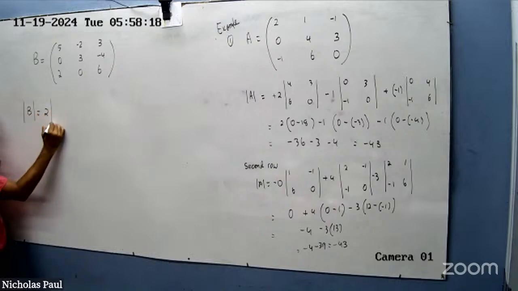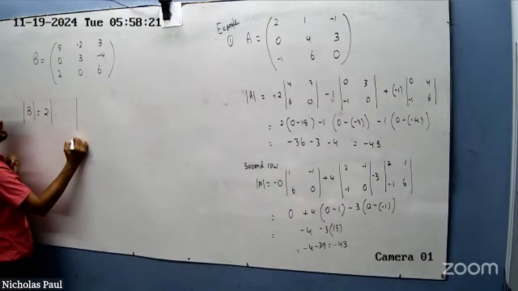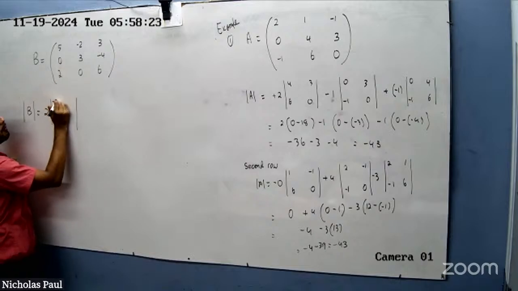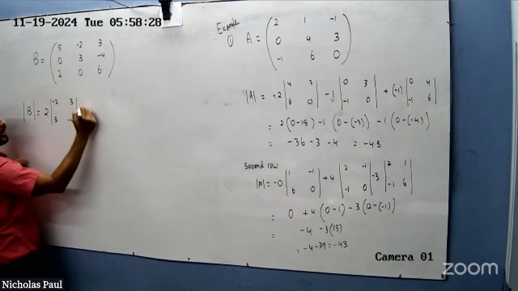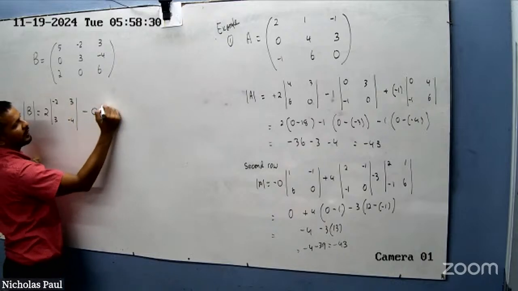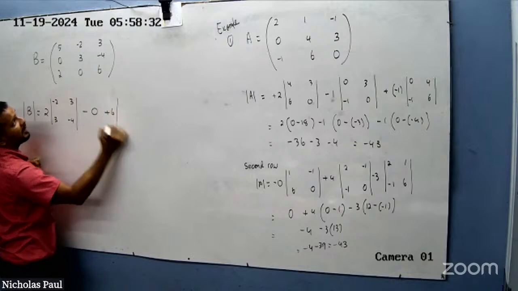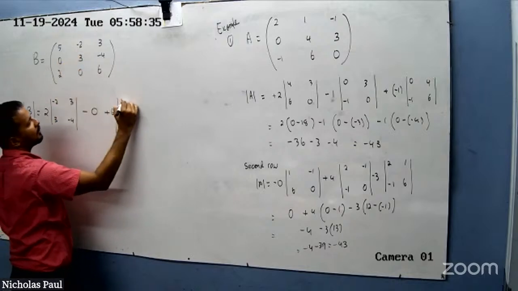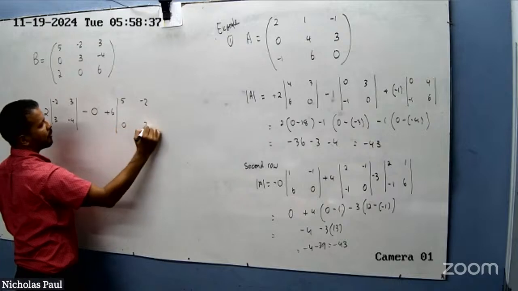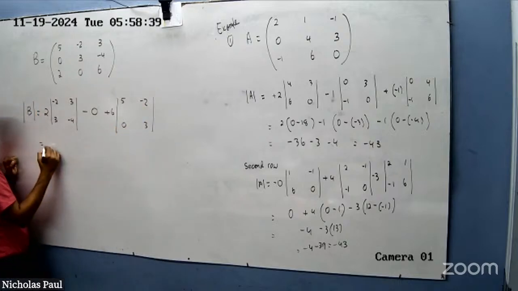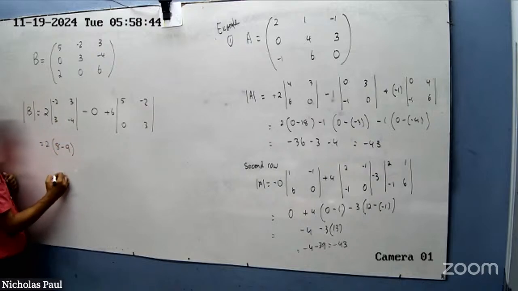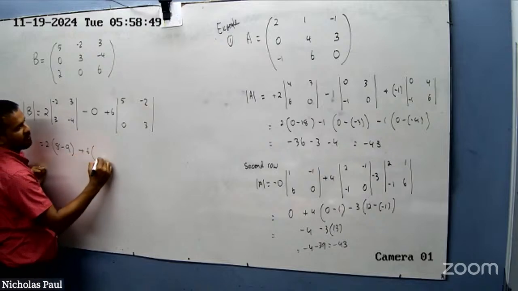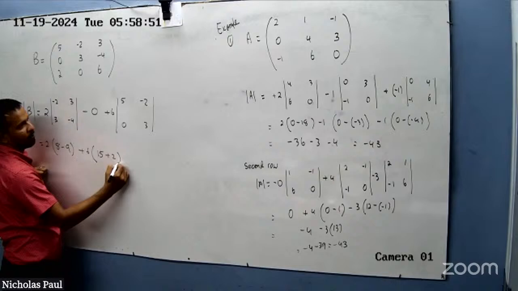So it's positive 2 by its minor. The minor will be -2, 3, 3, -4. I'll leave it on the next one, it doesn't make sense, it's 0, right? Plus 6 by 5, -2, 0, 3. Right? It says positive 8 minus 9 plus 6 by 15 plus 2.